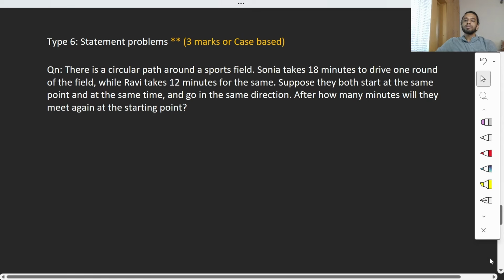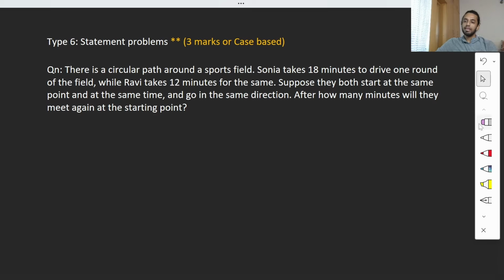As you can see, the question talks about two people who are going around a circular path in a sports field. Now Sonia takes 18 minutes to finish one round, and Ravi takes 12 minutes to finish one round.